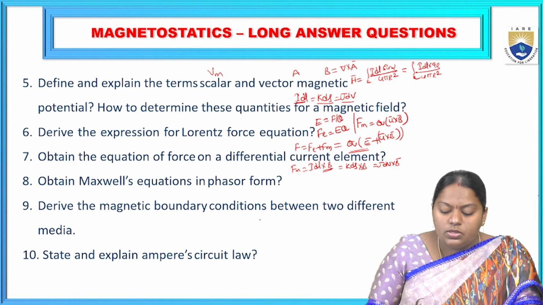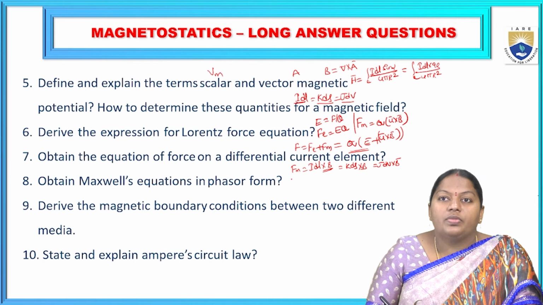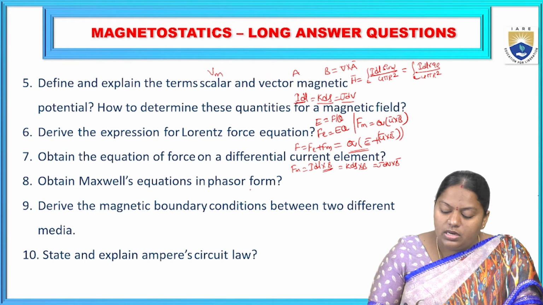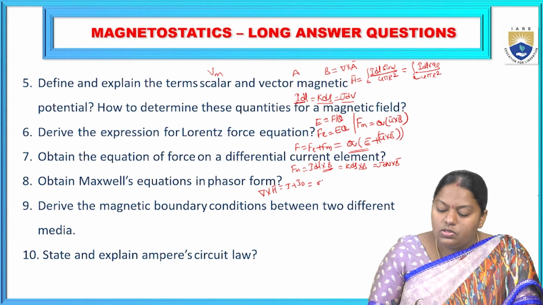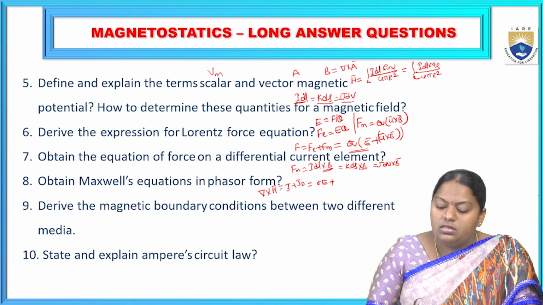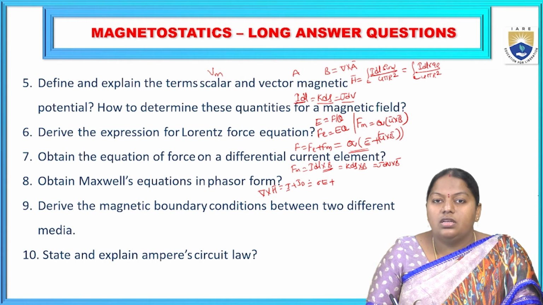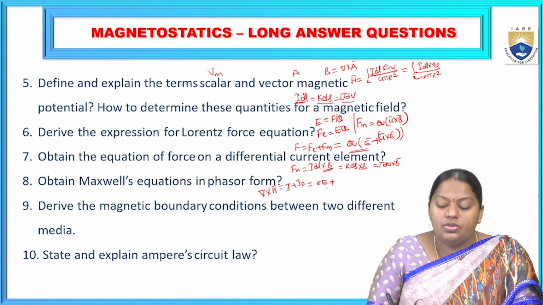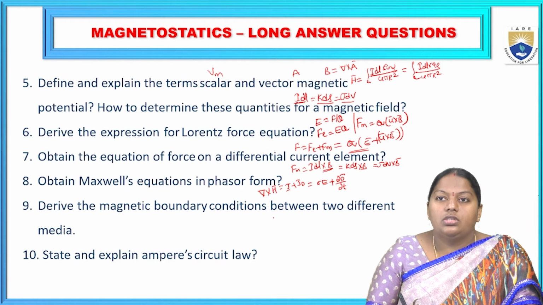And obtain Maxwell's equations in phasor form. So phasor form means we write del cross H bar is equal to J plus JD, which is equal to sigma into E, where J is the conduction current density given by sigma into E, and JD is the displacement current density, given by dou D bar by dou t.